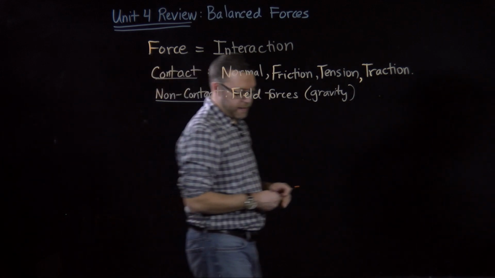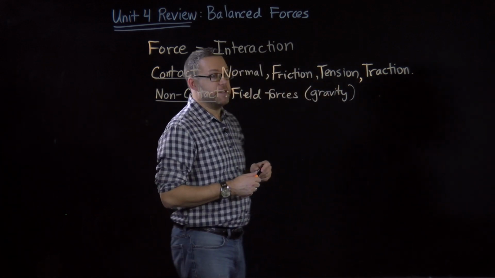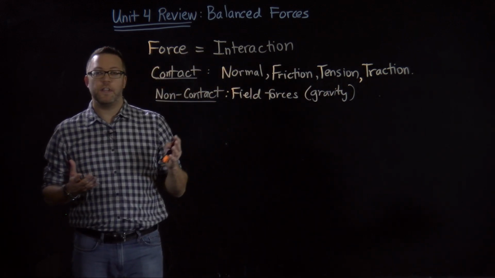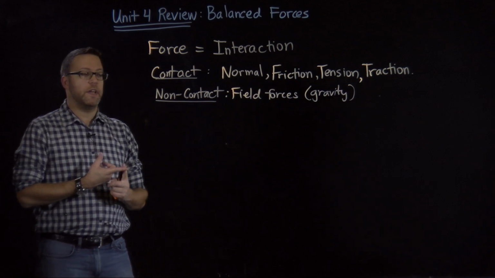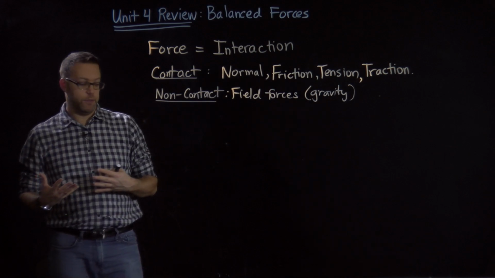So we'll talk more about that in just a moment. We can also have different types of fluid forces. You can have the buoyant force. You can have a drag force. These are different types of forces that exist in fluids.